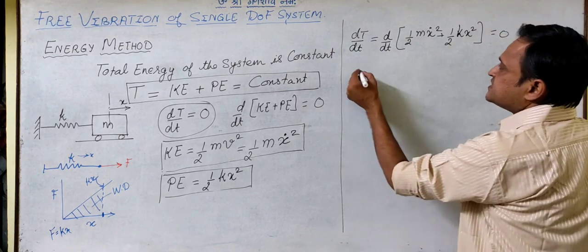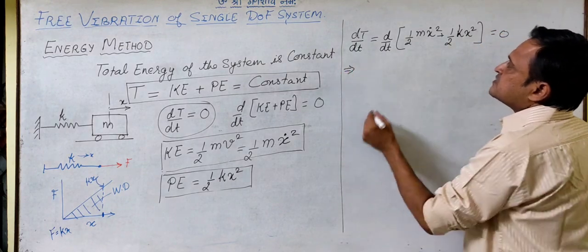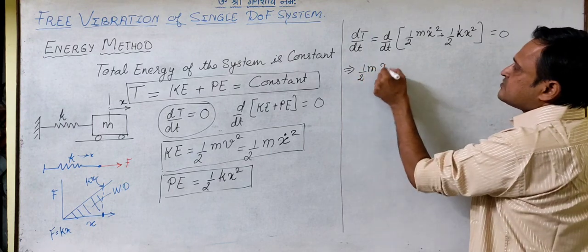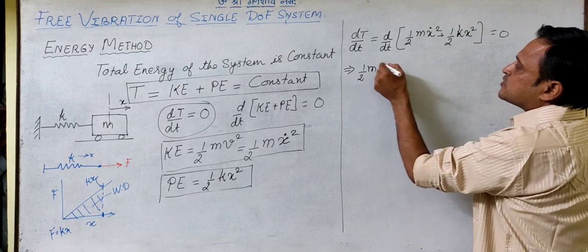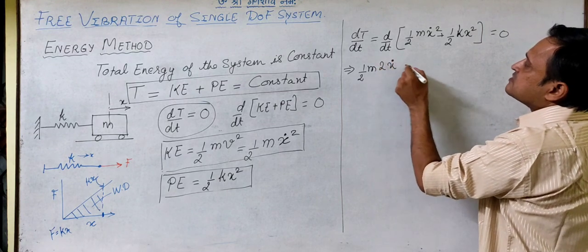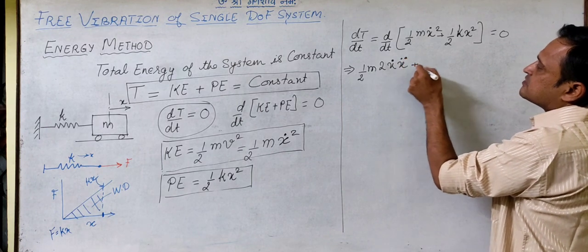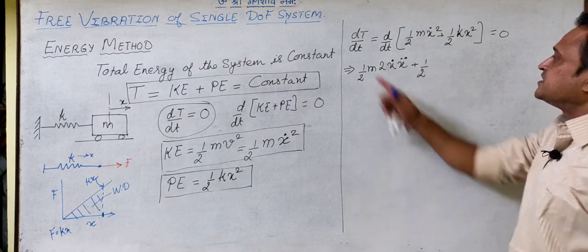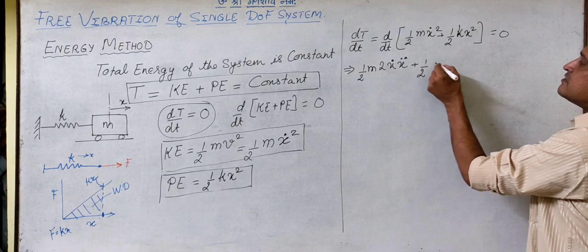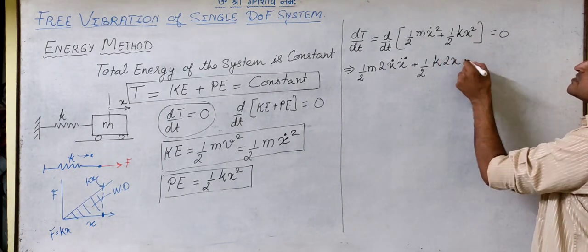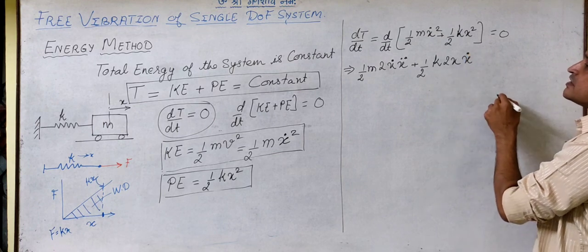So if we differentiate this equation, it will be half m twice of x dot x double dot, plus half k twice of x and x dot.